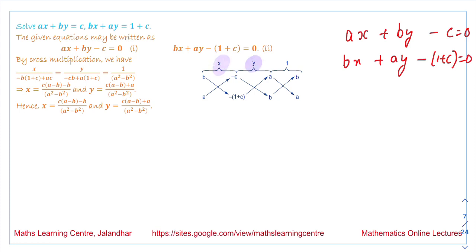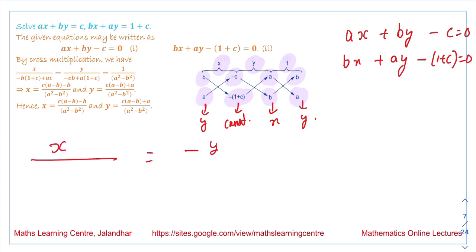You can write x, y and 1, and these are the coefficients of y, these are the coefficients of x, and these are basically the constant terms. So you can use this method, or what you can do is write x over, minus y over, and 1 over.